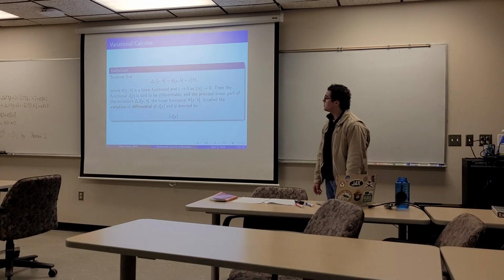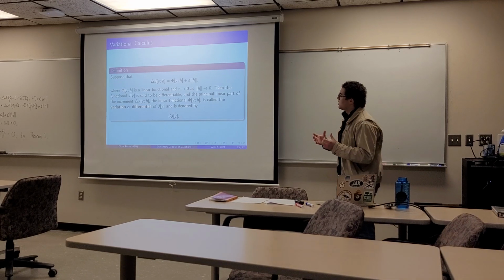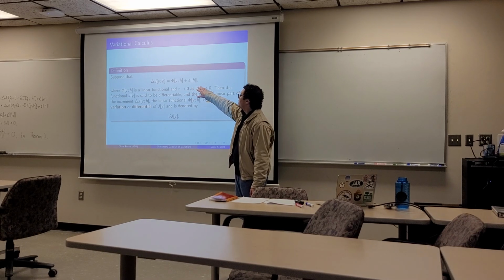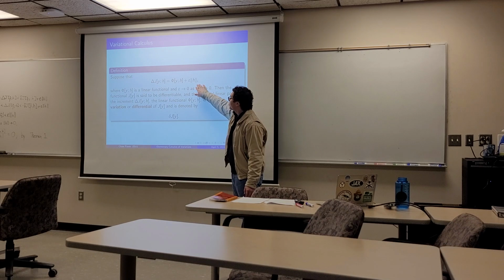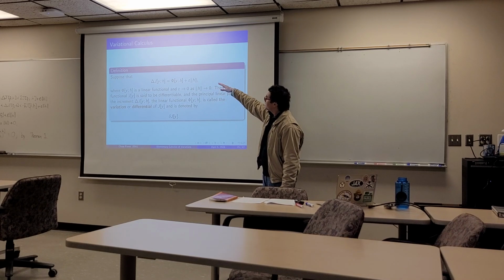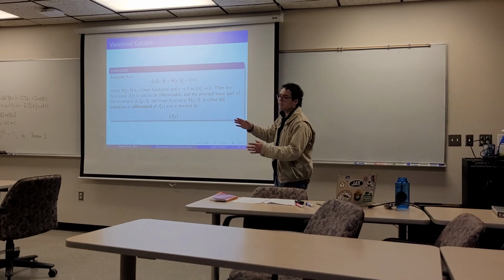And then using this increment, we can define the derivative here. So we say that if delta J is equal to some linear functional phi plus this infinitesimal, where epsilon goes to 0 as the norm of h goes to 0, then this functional is said to be differentiable, and we say that this linear part of this expression is the derivative.